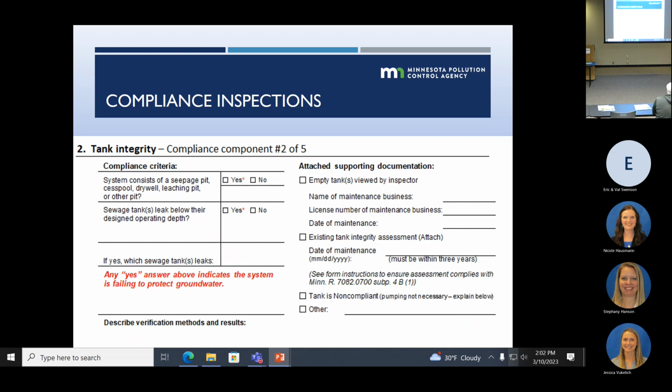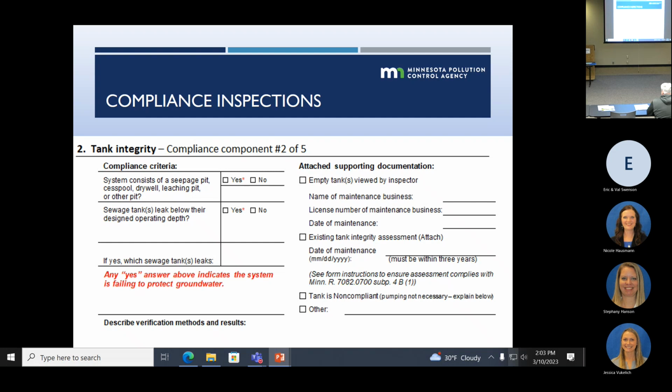Let's say you said that the drain field was not looking so good, I can't pass it, and then you start talking about looking at the tank and they say, time out, get out of here. Once you've started that inspection and actually made some determination on part of the system, the MPCA would tell you, you have to finish the inspection. Finish doesn't mean you stand there and argue with them and have them swinging bats at you and throwing things at you. We don't want you in that position, but you have to finish it.